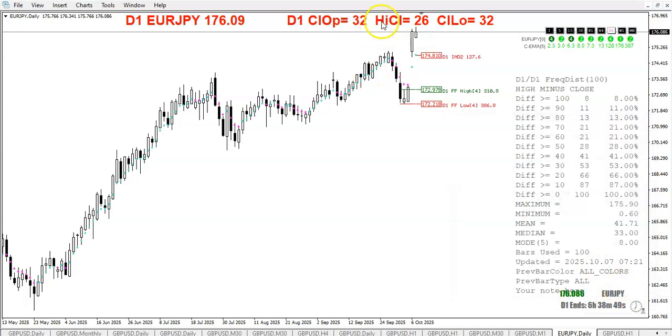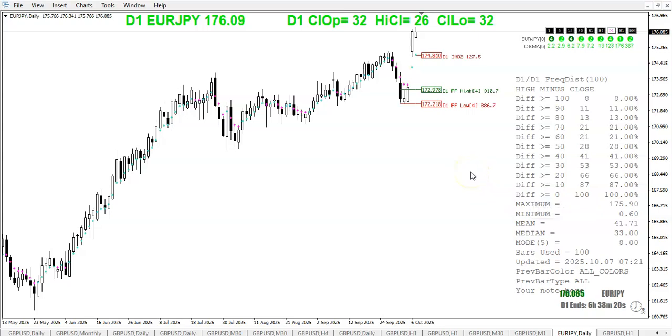So you can see here for today, high minus close 26, close minus low 31. And this is basically going to show you the reversal movement.